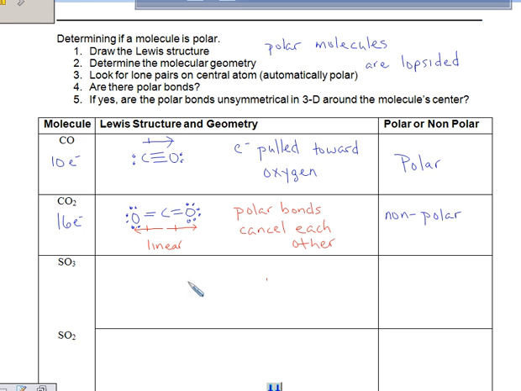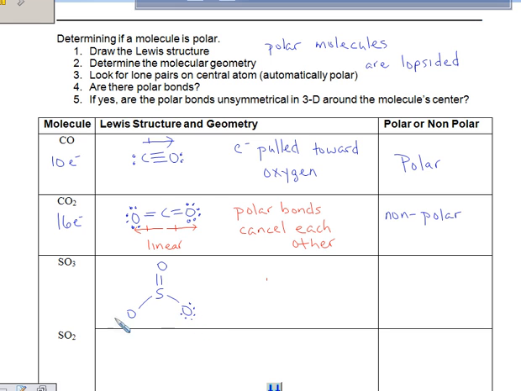Now let's try SO3, sulfur trioxide. And let's go ahead and draw this as it would appear in 3 dimensions, roughly. This is going to be a trigonal planar molecule with each one of the oxygens being at the corner of an equilateral triangle.